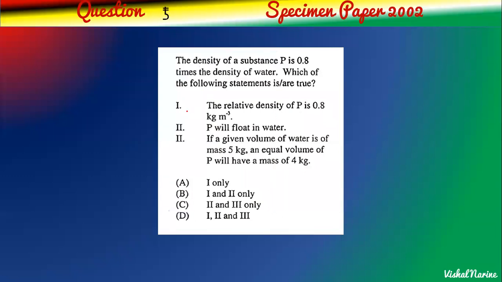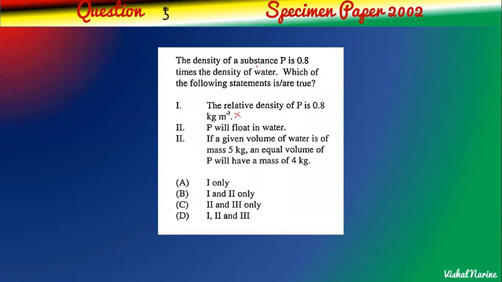Is one correct? Let's look at one. It says here that the relative density of P is 0.8 kg per meter cube. This is not correct because relative density doesn't have a unit. So basically this option is wrong. P will float in water. If the relative density of P is 0.8, that means 0.8 times the density of water.